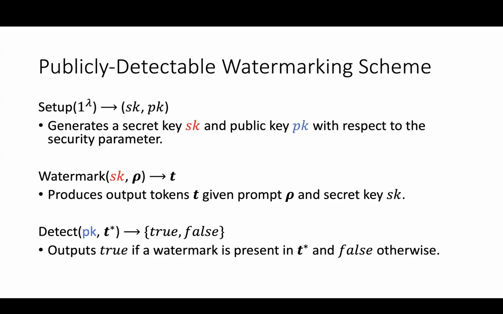In the way we usually imagine prompts, there's maybe just the next token, one word, being output. Here, I'm going to be interested in a setting where it outputs multiple tokens because you have to embed signatures. It kind of forces our hand for the text to be longer. And then finally, we have this detection algorithm that takes a purported text T star, which is being claimed to be watermarked, and the public key as input, and it outputs true or false depending on whether the algorithm thinks it's watermarked or not.